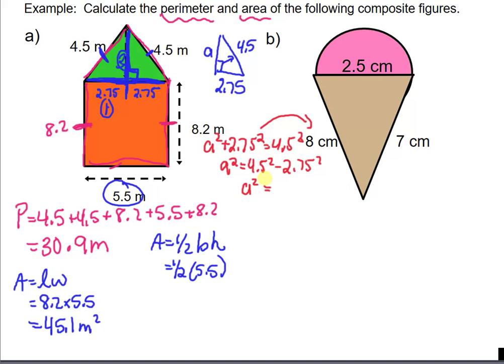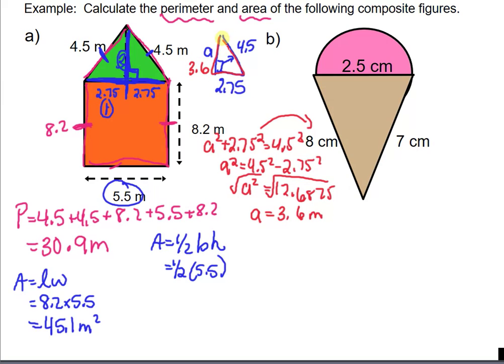Okay, so 4.5 squared minus 2.75 squared, I get 12.6875. Root both sides. Okay, we learned this in section 8.1. I get a equals 3. Let's do one decimal, 3.6 meters. Okay, so the height here is 3.6 meters.